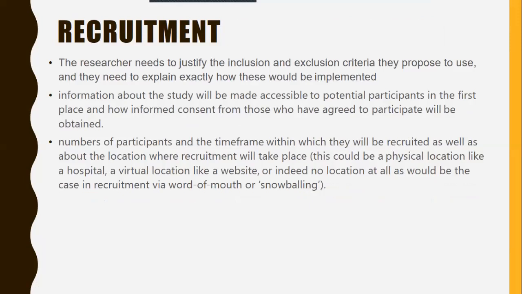Keeping the same example in mind, if you want to research medical doctors, you need to identify what medical doctors you are referring to. Is it those doctors working in the intensive care unit with the corona patients, or is it the senior doctors you're talking about?